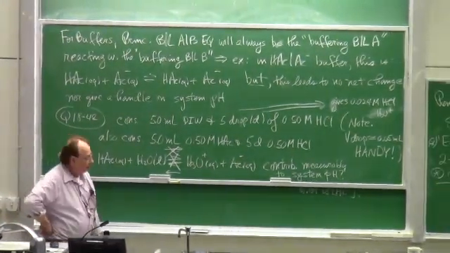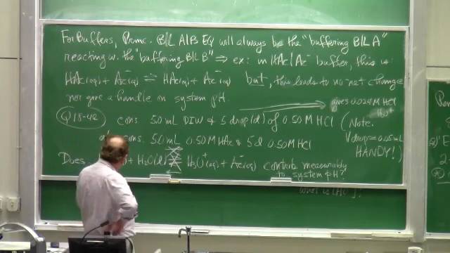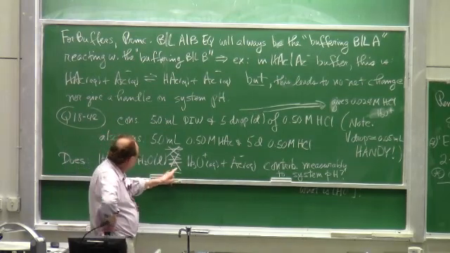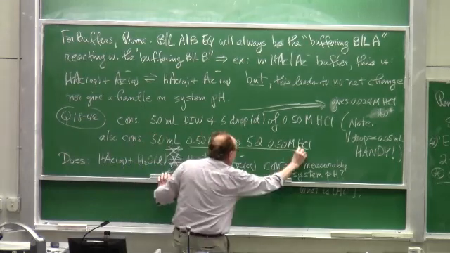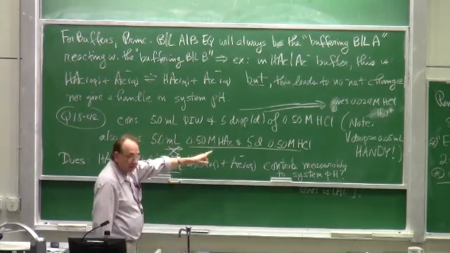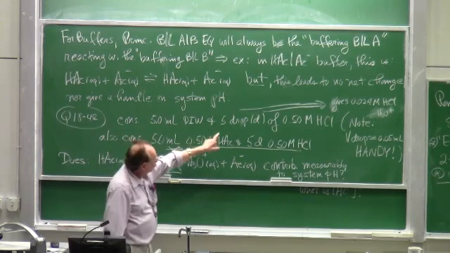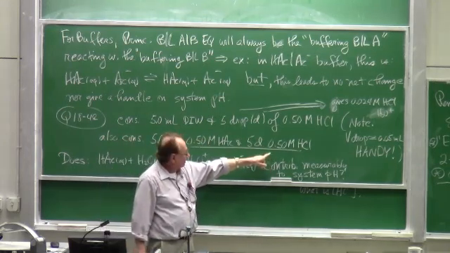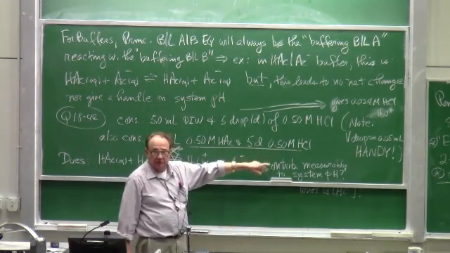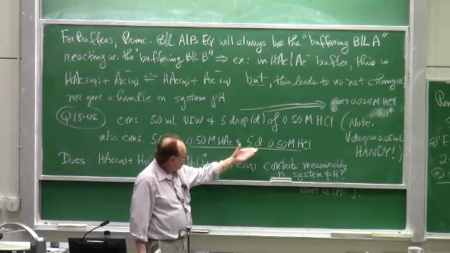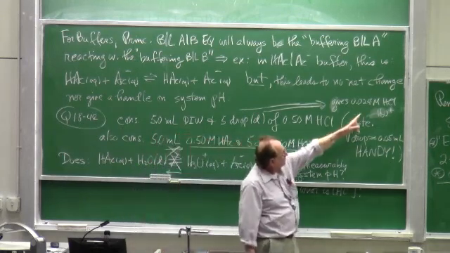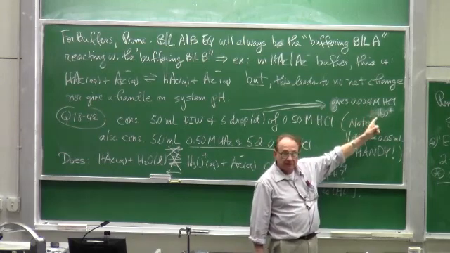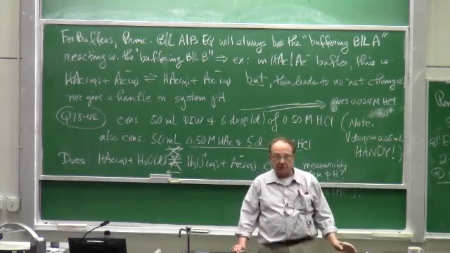More specifically, is it possible that this solution, right here, this solution, the half-molar acetic acid with the 5 drops of the half-molar HCl solution added. It's already been added. Is it possible that this solution also has this hydronium ion concentration? And the answer is, you bet that's possible.